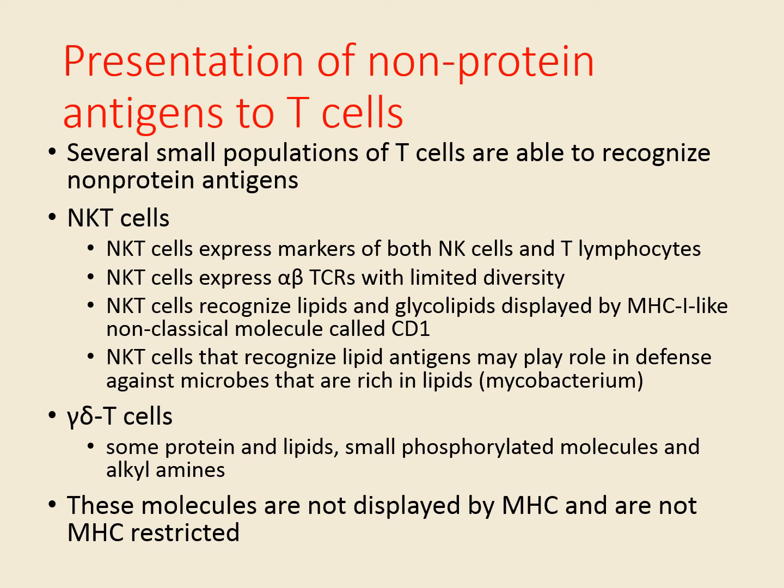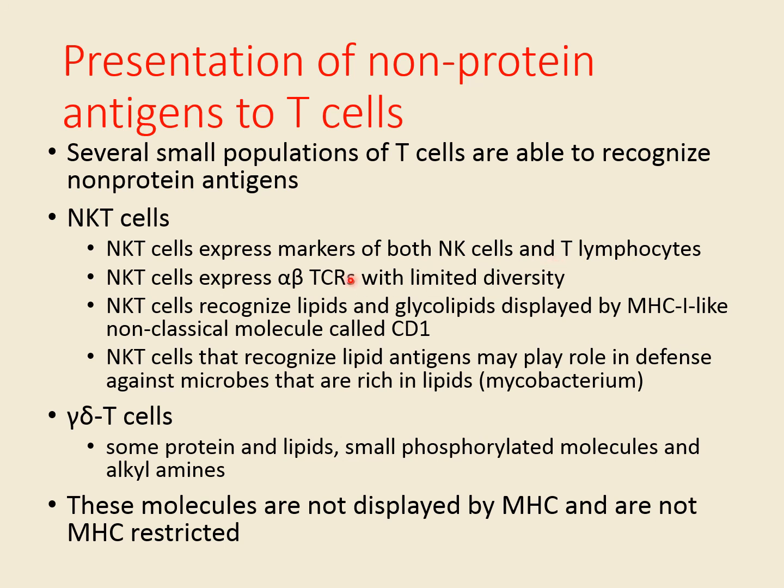So up till now we have studied how proteinaceous antigens are presented to T cells. How are non-protein antigens presented? Let us study that. There are several small populations of T cells that are able to recognize non-protein antigens. These include natural killer T cells and gamma delta T cells. Natural killer T cells express both natural killer markers and T lymphocyte markers on their surface.